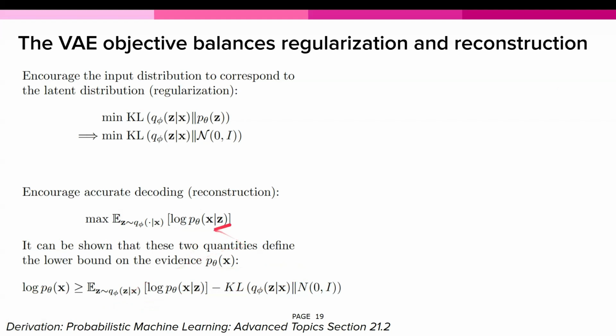We can put these two objectives together, and it can be shown, unfortunately we won't have time for this, that these two objectives can be combined to form a lower bound on the log evidence, log p_theta(x). This is the marginal likelihood of the data under the model.